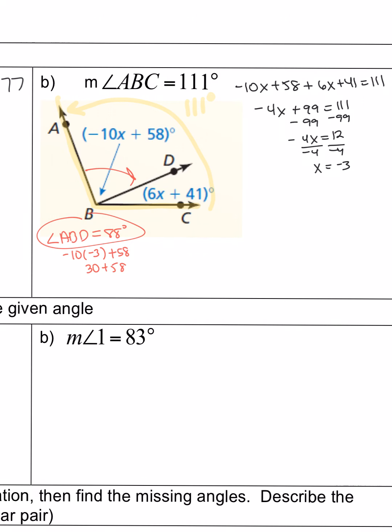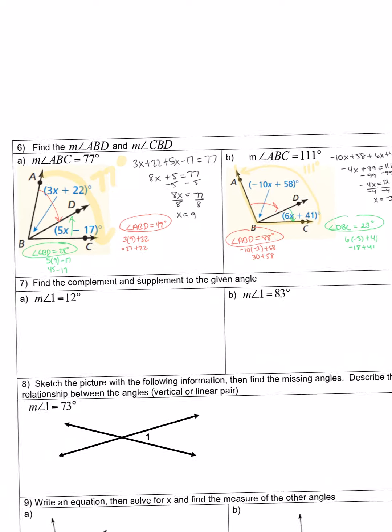And for the measure of angle DBC, we've got 6 times negative 3 plus 41. That's negative 18 plus 41, which is 23 degrees. And you can always check, does 23 plus 88 equal 111? Yeah, it does, so we did a good job.